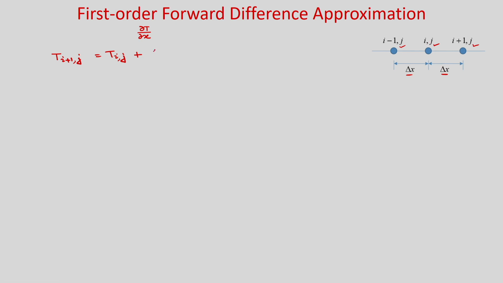So, you can write delta x del T by del x at point I j plus delta x square by factorial 2 del 2 T by del x square at I j plus delta x cube by factorial 3 del cube T by del x cube, and we are not writing the other higher order terms.